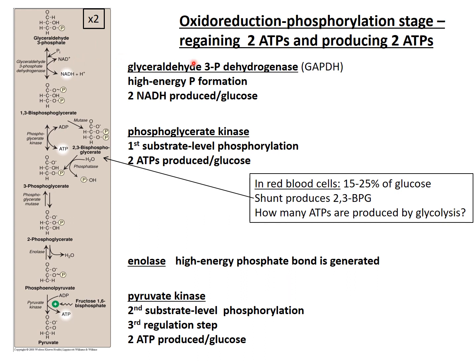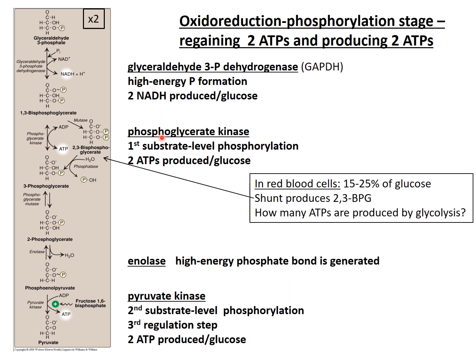So very first enzyme, please remember the name. You probably know this already. And high energy phosphate is produced, and also a reduced NADH is produced. We will talk about what will happen to this NADH just in a second.